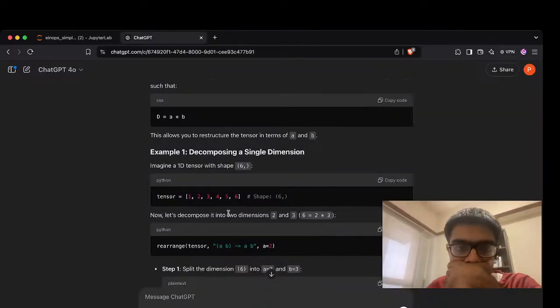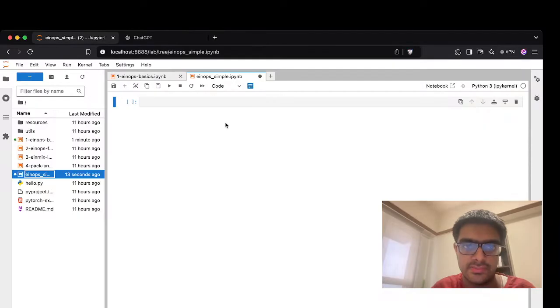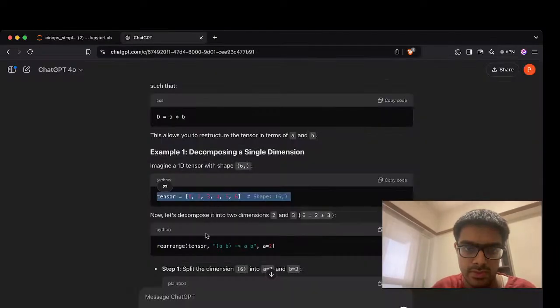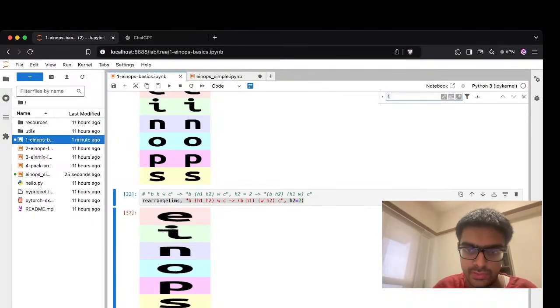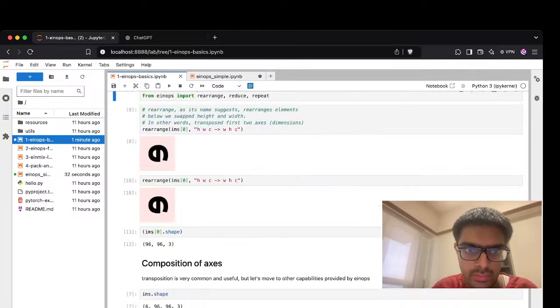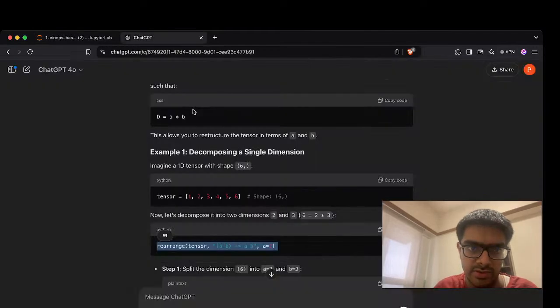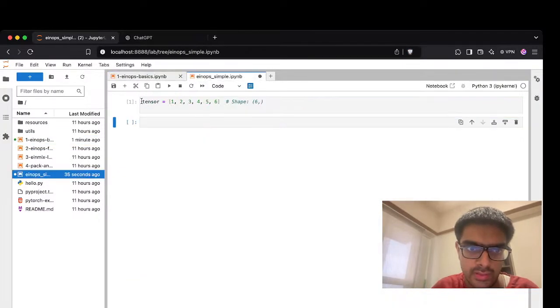Okay, suppose I have this tensor. From einops import rearrange, reduce, repeat, right? Okay.